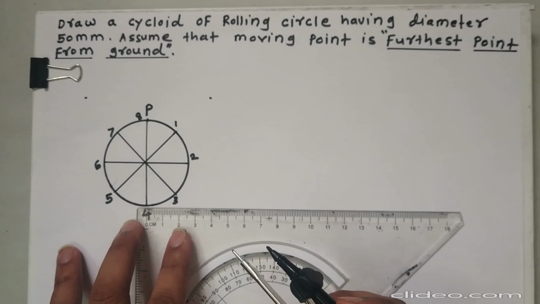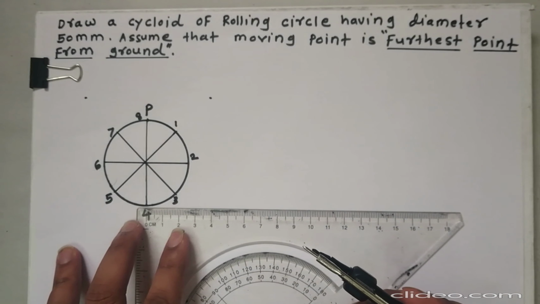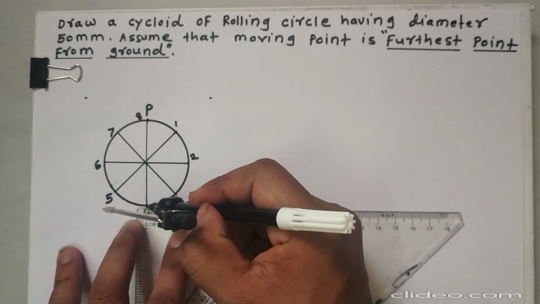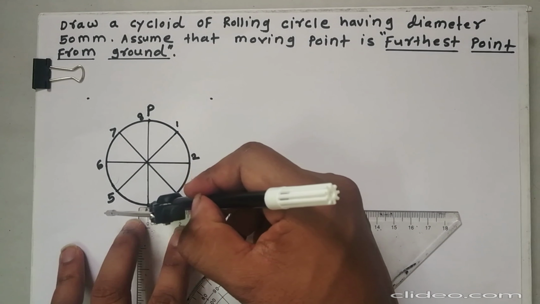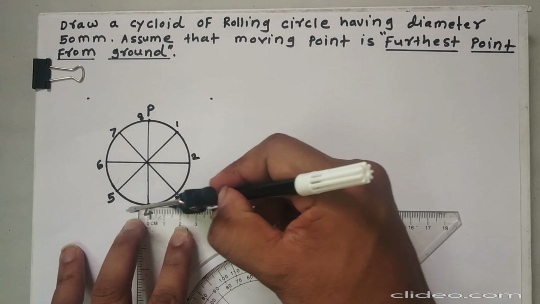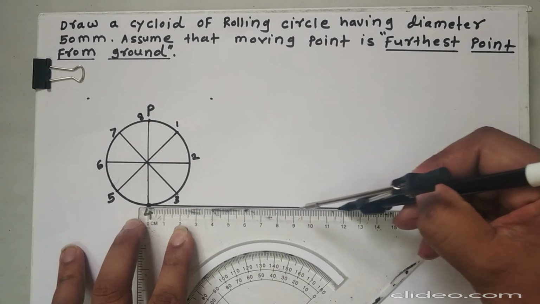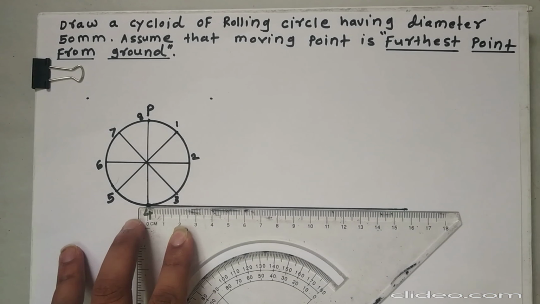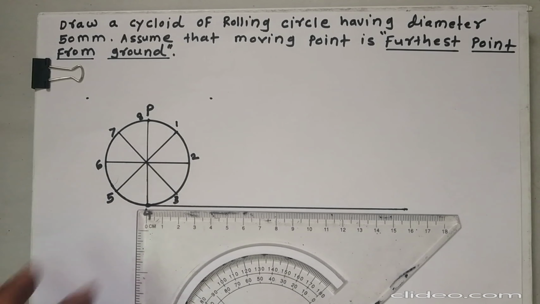It is equal to 157 mm. So from this point number 4, draw a straight line of length 157 mm.